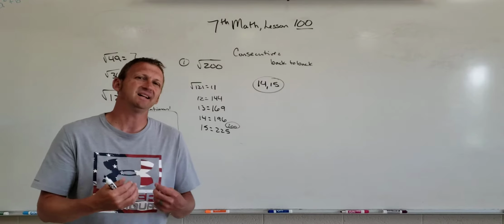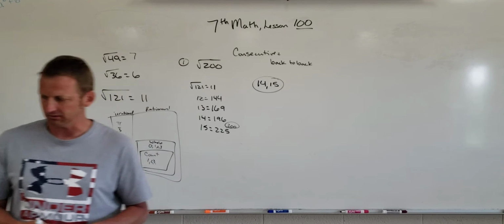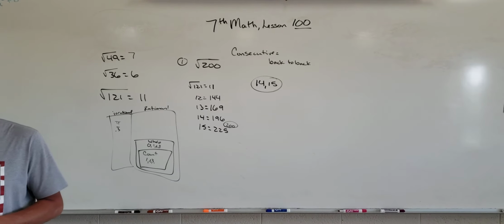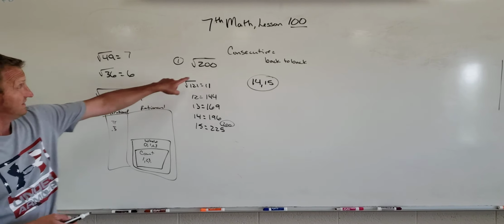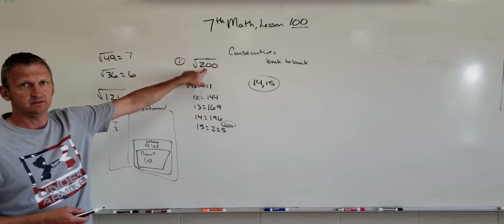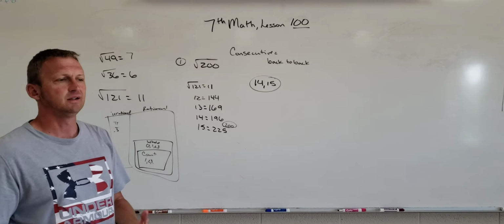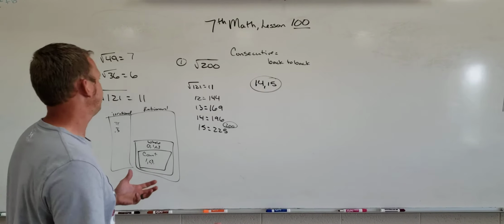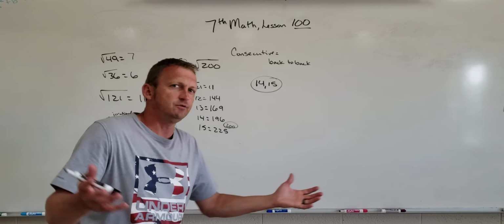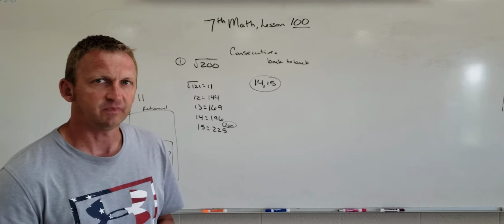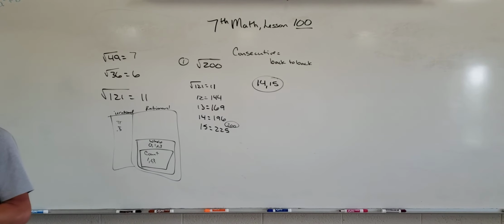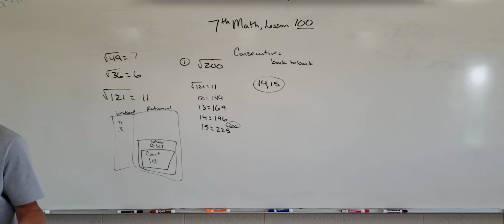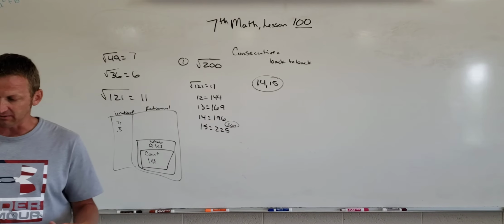They don't have a definite number, okay? So irrational numbers will continue to go on. So the square root of 200, if we were to punch that into a calculator, it would come up as 14.1276, somewhere in there. That would be an irrational number because it would continue to go on. So on some of these, it just wants you to be able to distinguish, is it rational or irrational?